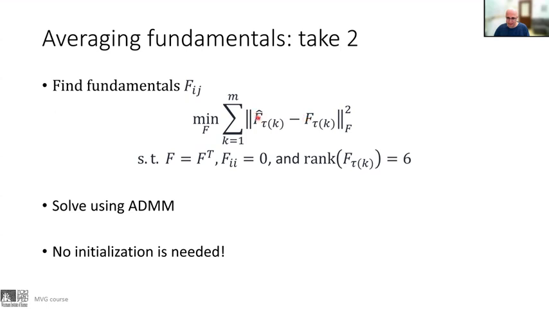And I just want the difference between the fundamental matrices that I predict to be small, under the constraints that F is equal to F transpose, Fii equals 0. That makes it an n-views fundamental matrix. And the rank of F for every triangle is 6.